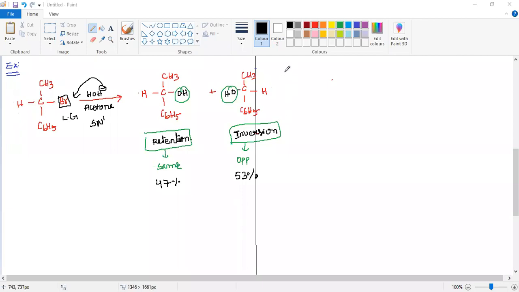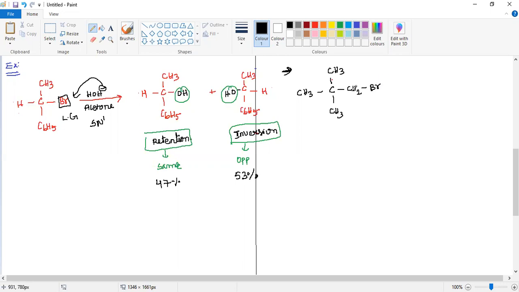Okay, now I'm going to give the next important point. Suppose the carbocation is primary or secondary. The type of compound should be written like this: CH3, C, CH3, CH3, CH2Br.